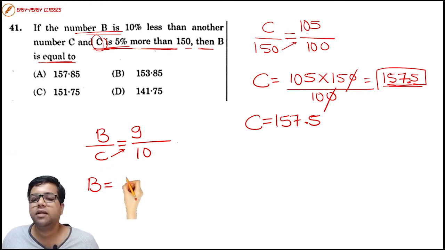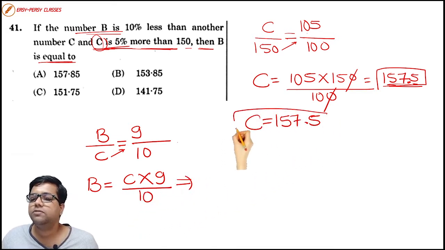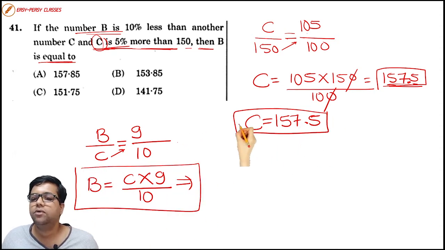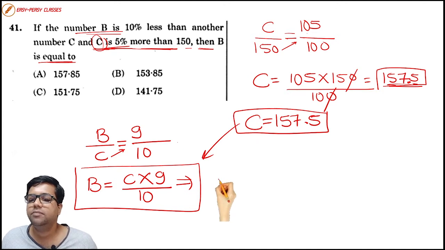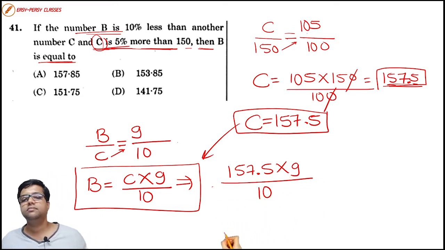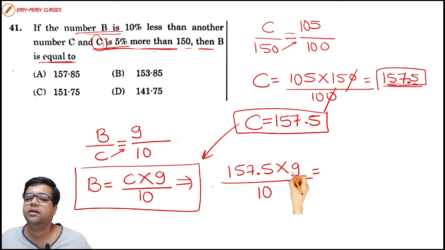You cross multiply C over there and you write it as it is. So now put the value of C in this equation. Then it becomes 157.5 into 9 by 10.